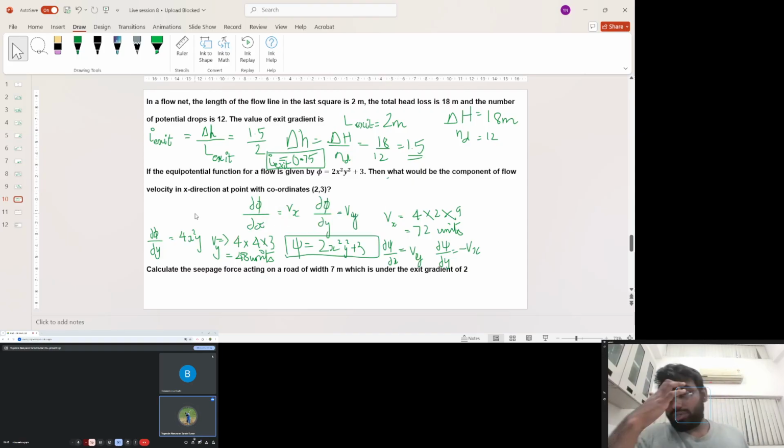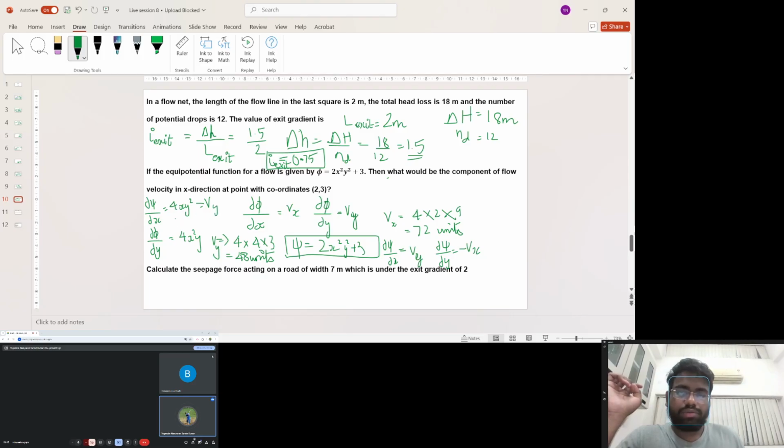Sorry. Now coming to this part, we will differentiate this with x. So dou psi by dou x will give us the same function, which is 4xy square. That will be Vy in this case.